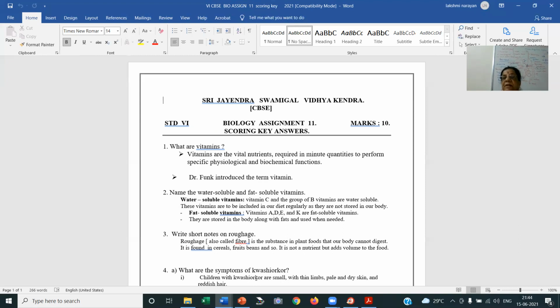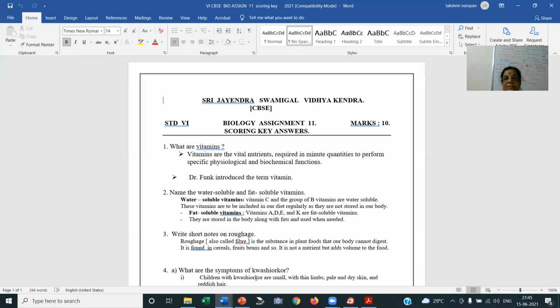Physiological means functioning of all the organs and organ systems. Biochemical functions are the hormones and tissues functioning. So I repeat, vitamins are the vital nutrients required in minute quantities to perform specific physiological and biochemical functions.